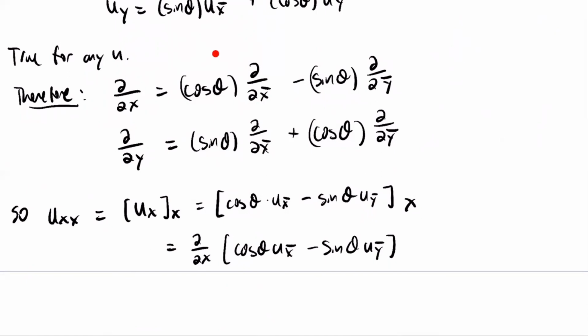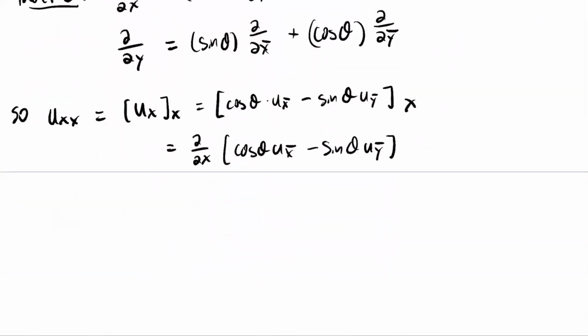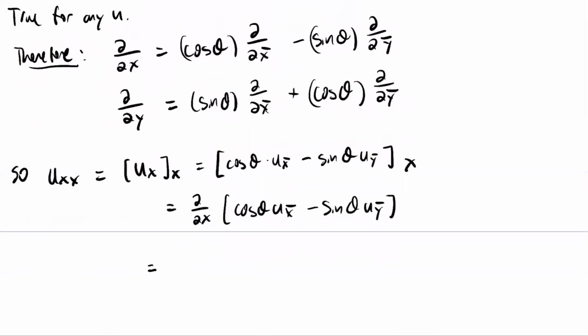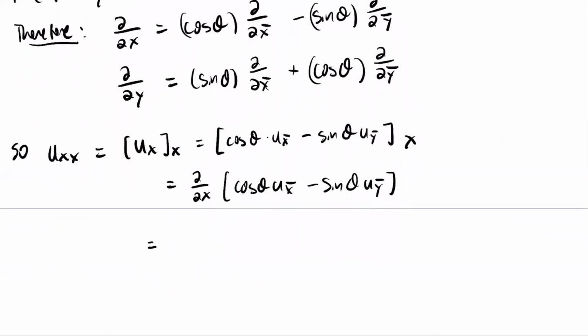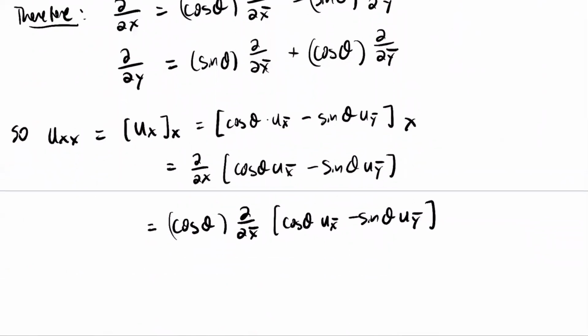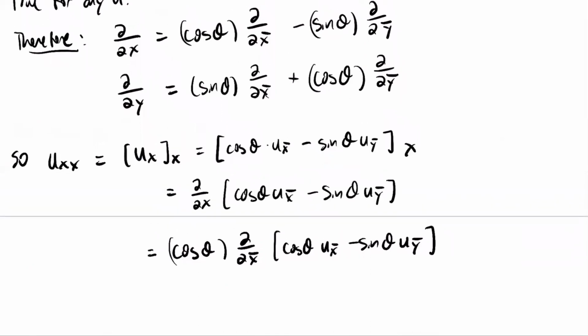Let me now plug in this definition for d/dx. I end up with cosine theta times d/dx bar of everything in brackets, and then the second term corresponding to d/dy bar. So I have to subtract sine theta d/dy bar times the same quantity in brackets.